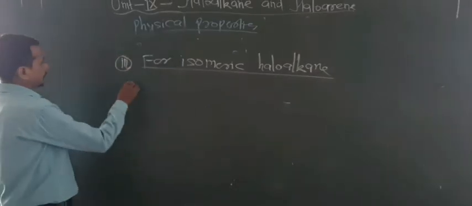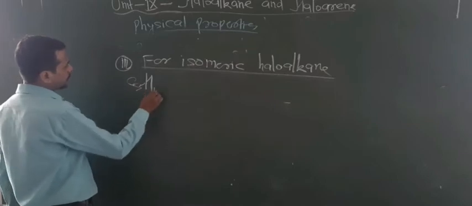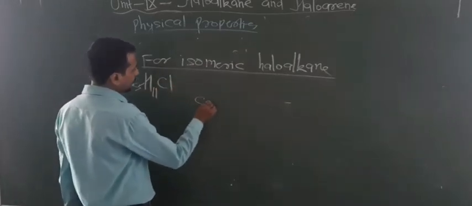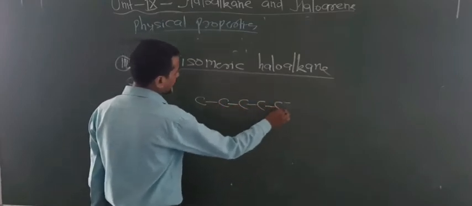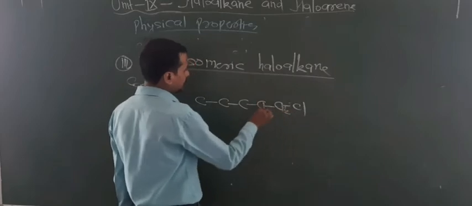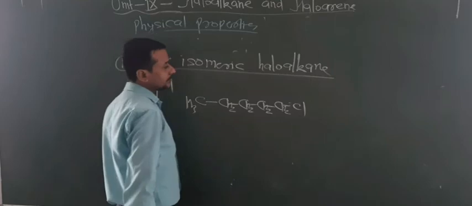So look here, if you are given C5H11Cl, you have to draw the isomers. So 1, 2, 3, 4, 5 carbons. Here Cl is there, CH2 and CH3.